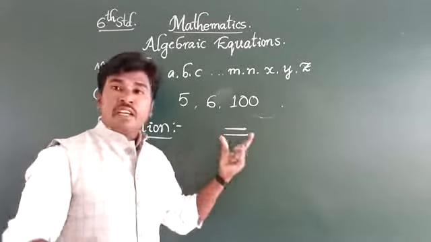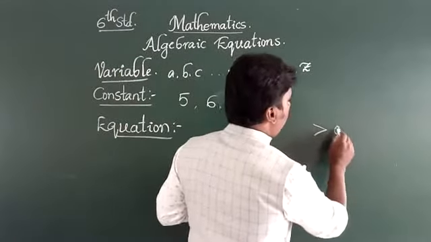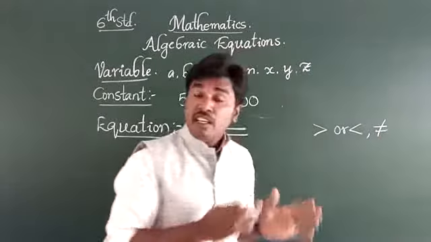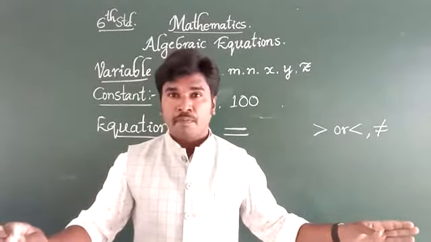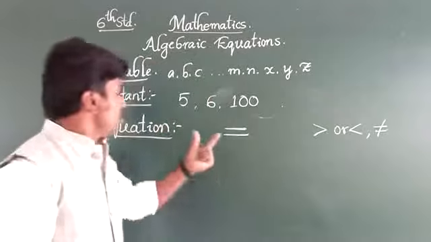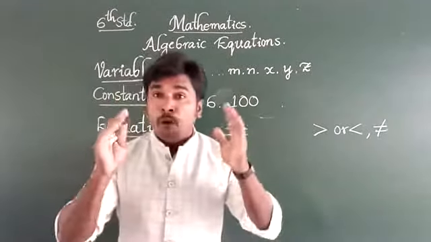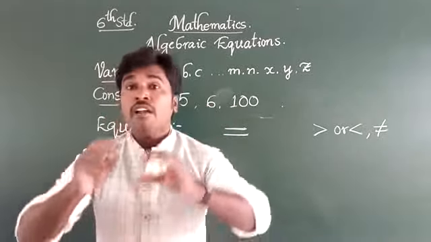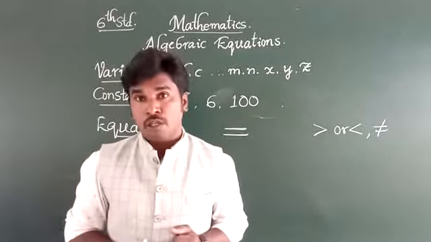Other than equals, if it contains symbols like greater than, smaller than or not equal to, these indicate that those statements are not equations. An equation must contain the symbol equals. Equal represents that the left hand side quantity and the right hand side quantity are equal. Then only we say that it is an equation.